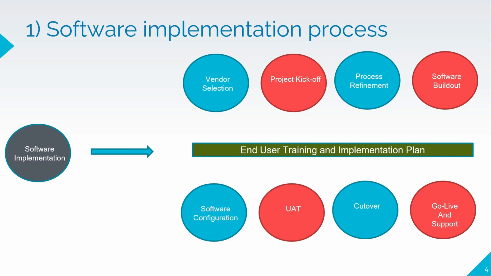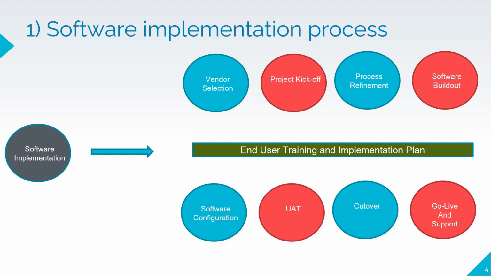We need to understand end user requirements, create an end user training plan, and provide the training. We will go through that in detail in coming slides, and we should create an implementation plan. The implementation plan is nothing but all the other eight important processes which I have mentioned in the slide.